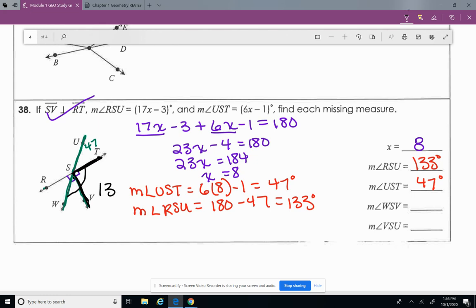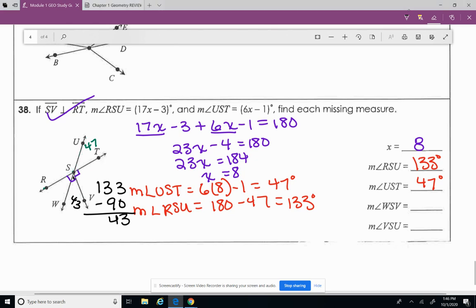So if I take 133 and I subtract 90 from it, in case you need to see that. Actually, I did that a little bit too much. You don't need to see all that. My bad. So you get 43. Now, what is 43? 43 is this piece right here. They didn't ask us for it, but we had to go find it first.